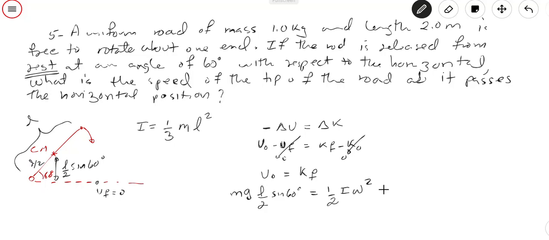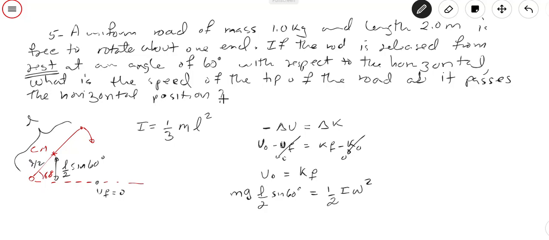Now, in this case, we know the angular velocity, and we can also calculate the linear velocity. Let's see, let me read again.